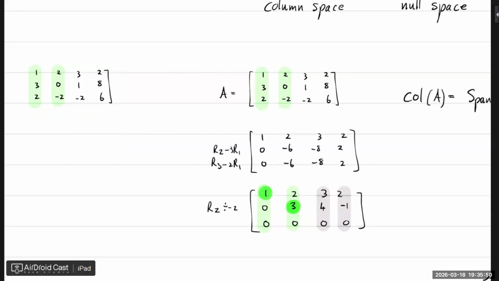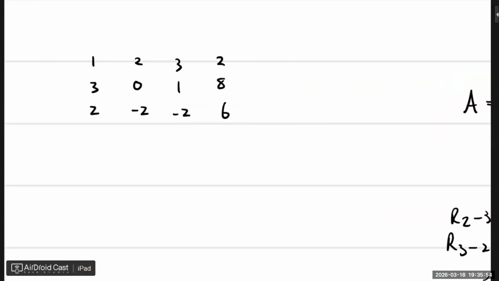Let's say this, just to make it visual, represented the red pencil. And this one, the blue one, this one, the purple one, and this one, let's say the orange one.